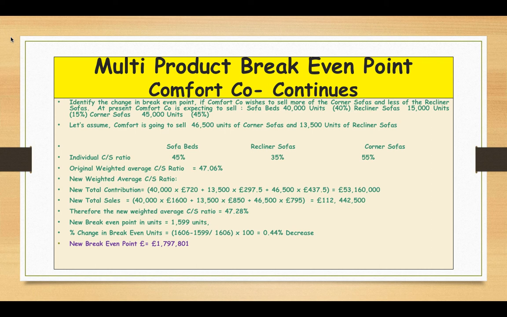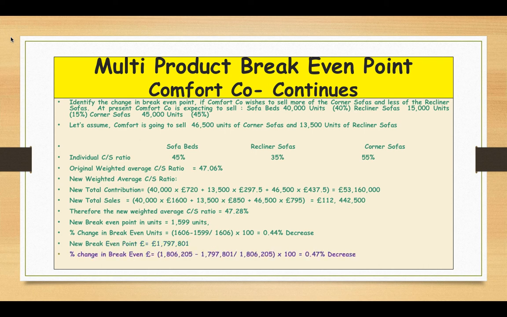Now, we are going to calculate the new break-even point in money value. So fixed cost, 850,000, divided by the new weighted average contribution to sales ratio, which we have already calculated, that is 0.4728. So the new break-even point is going to be 1,797,801 pounds.